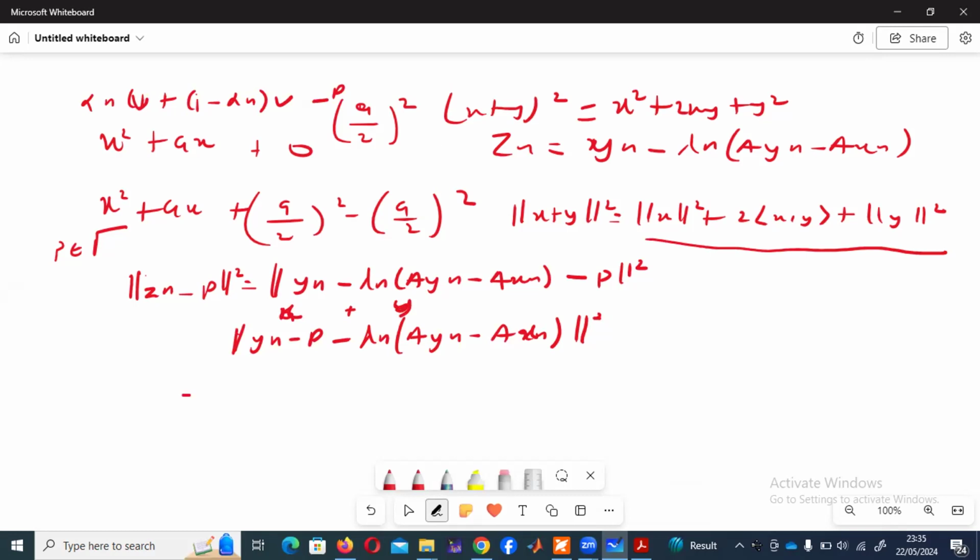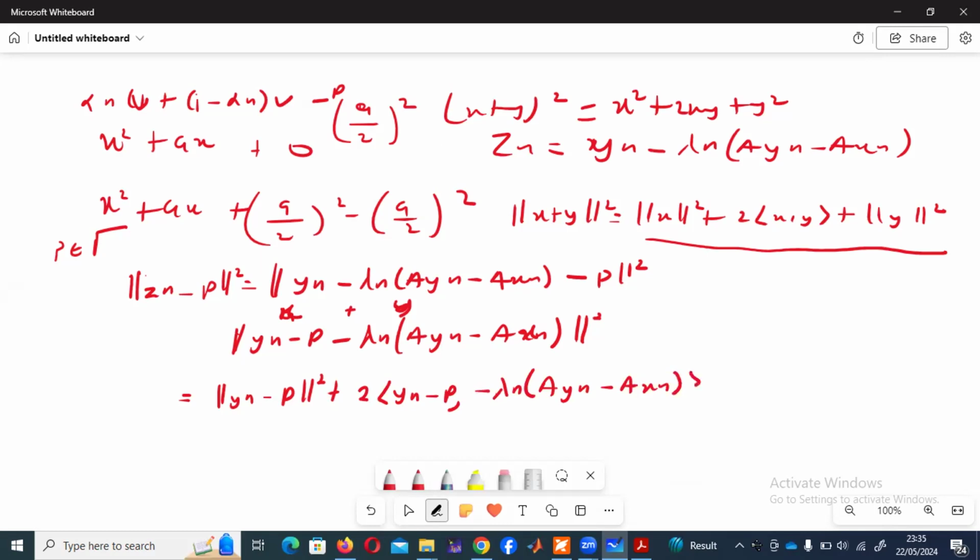So which means I'm going to now have Yn minus P squared, then plus 2 into the inner product of Yn minus P, comma, minus lambda n into Ayn minus Axn.